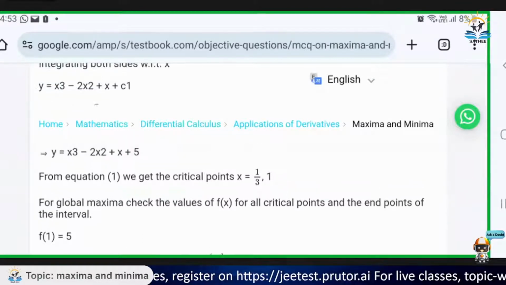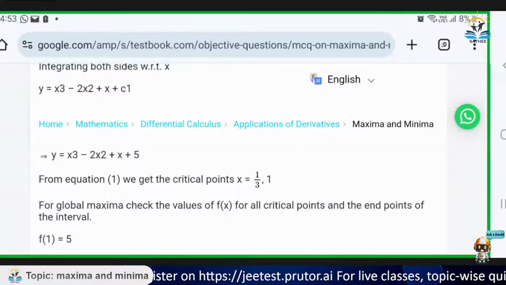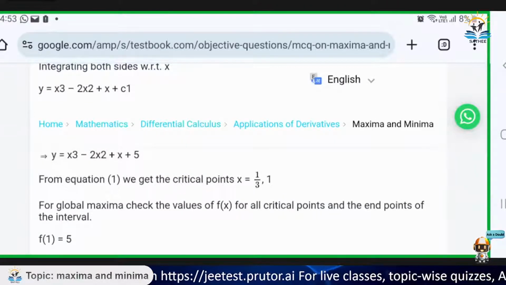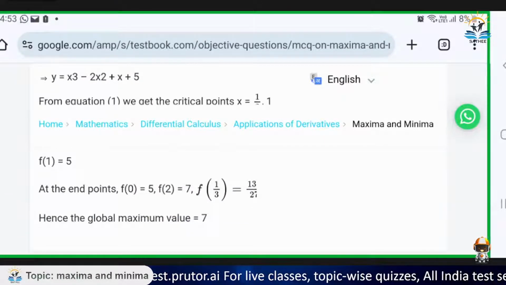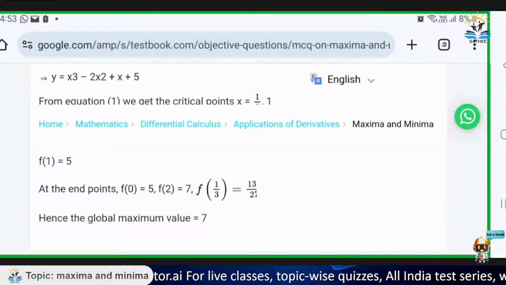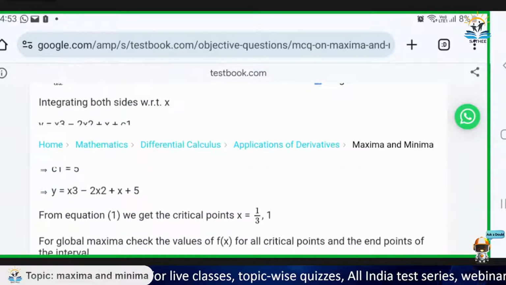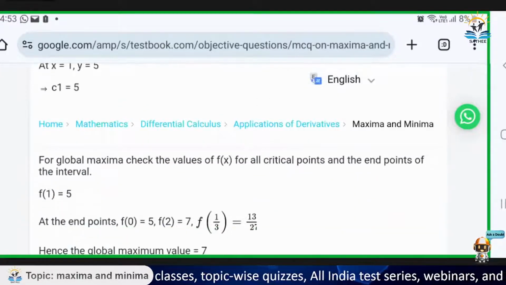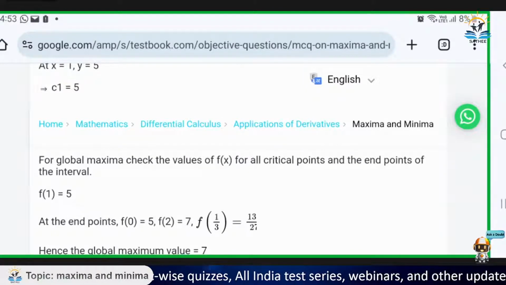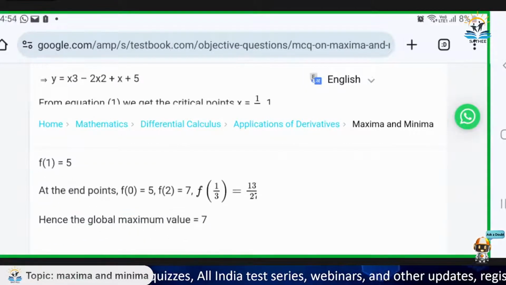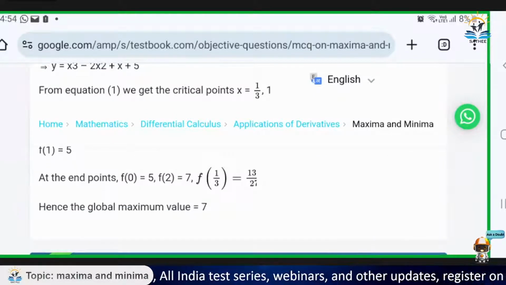So we get the value f of 1 is equal to 5, and at 1 by 3 we get the value 13 by 27. Also at 0 we get the value 5 again, and at 2 we get the value 7. So you see, we haven't got the absolute maximum at a local maxima.